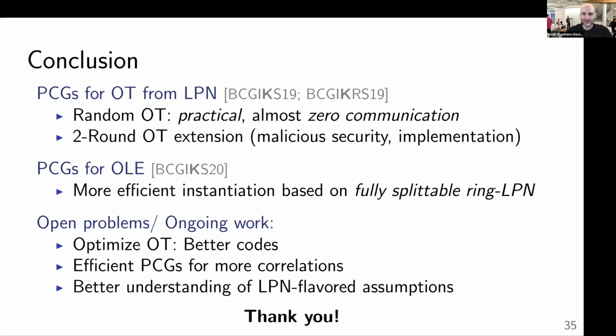Maybe for some applications of correlations, you can do the same from LWE. This is actually a very interesting question. As I said, what we have from LWE is using LWE to construct a homomorphic secret sharing scheme, and then using a very low degree, degree 2, pseudorandom correlation generator.